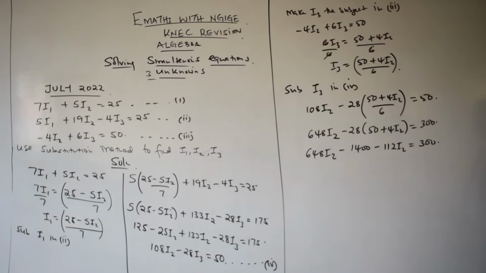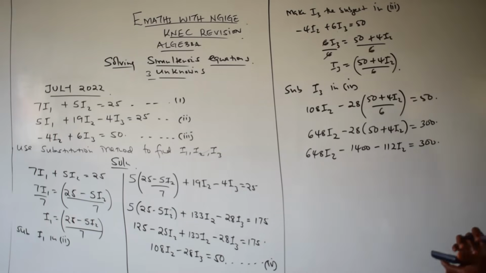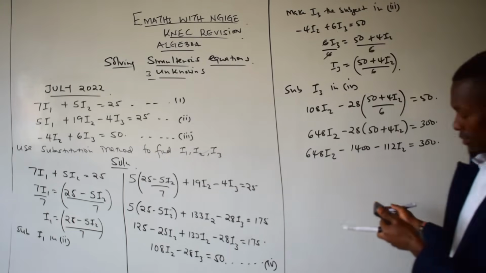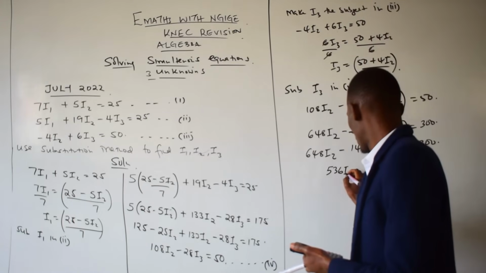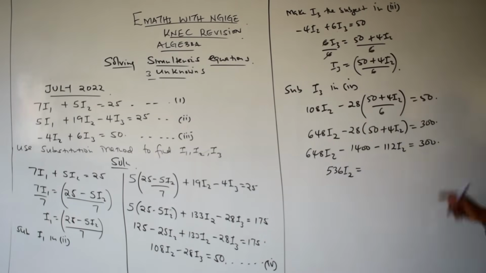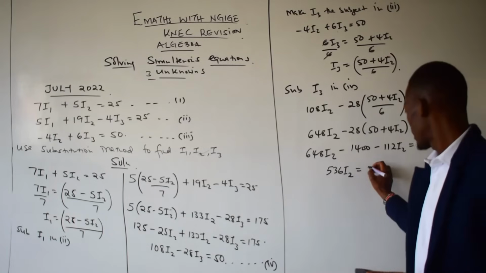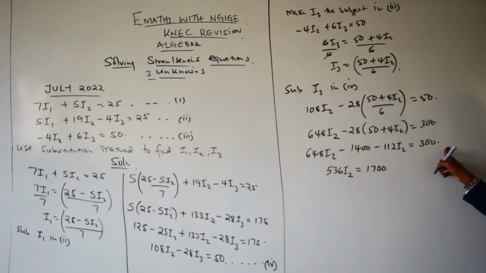Then adding like terms and also taking terms on one side. So 648 minus 112, and you shall have 536. You shall have 536 i2 equals to, now we take negative of 1400 to the other side, so we shall have 1700, because this one is a negative, goes to the other side, it becomes a positive.